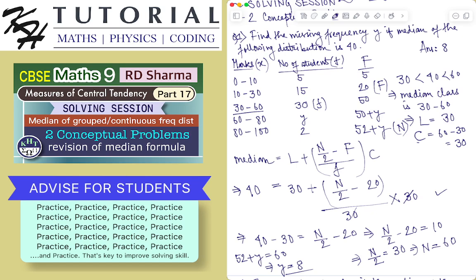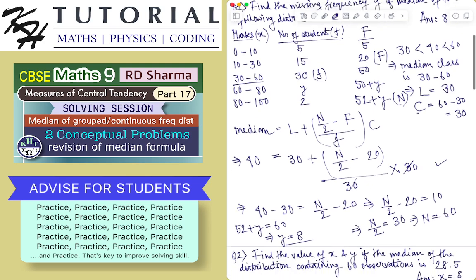And if the total number of observations is given, then obviously first you must equate the sum of the frequencies to the given total number of observations.